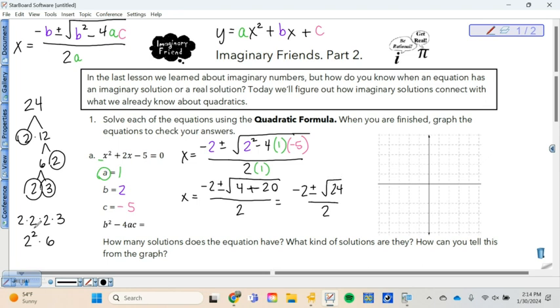Just give me a sec. So I have 2 squared times 6, that's 24. That means if I want to find the square root of this, I can take a 2 out of my square root, and this becomes negative 2 plus or minus 2 radical 6 over 2.